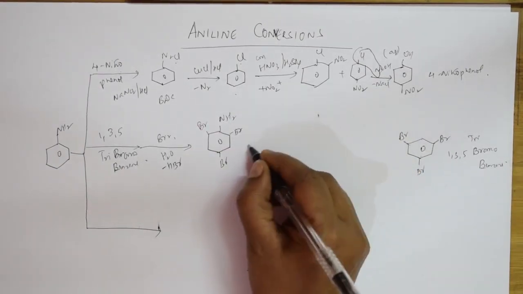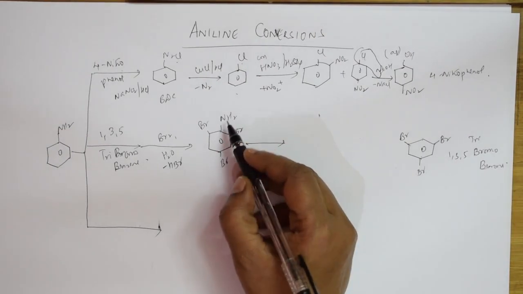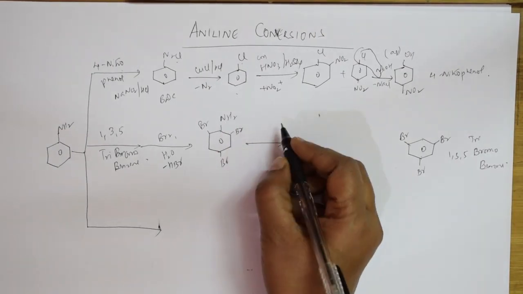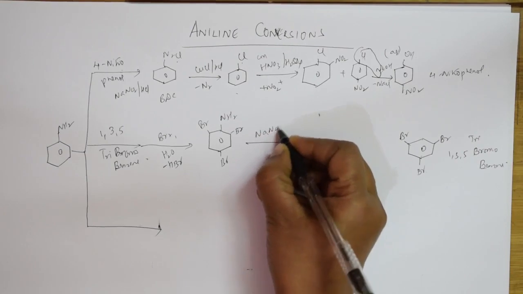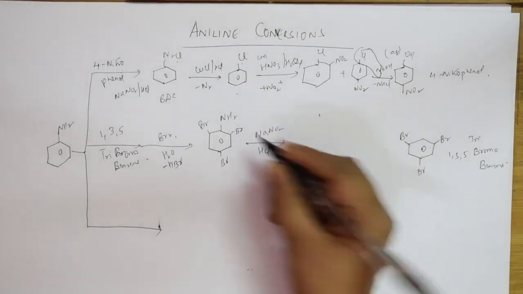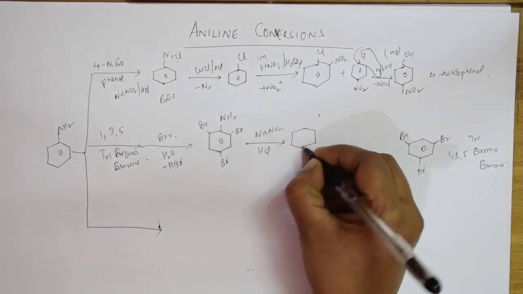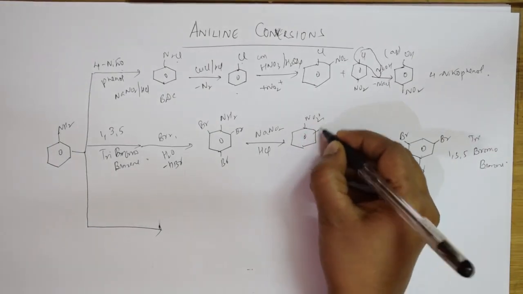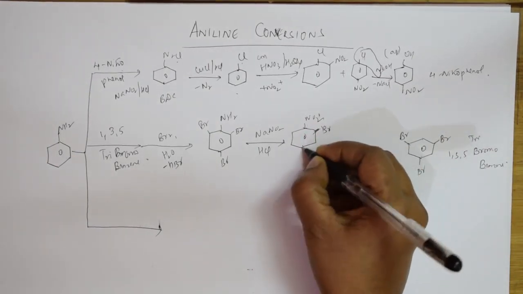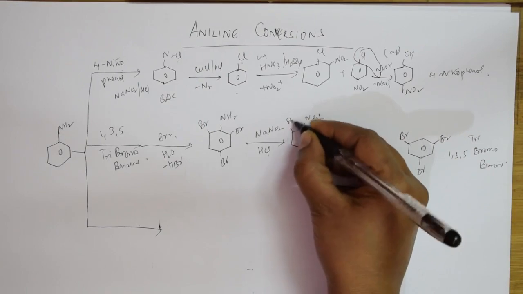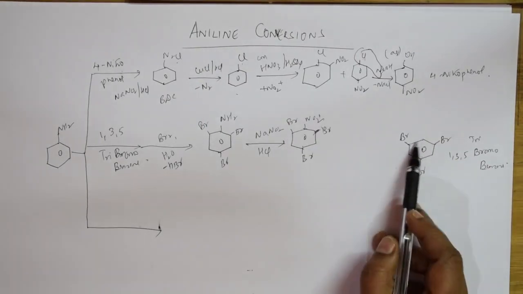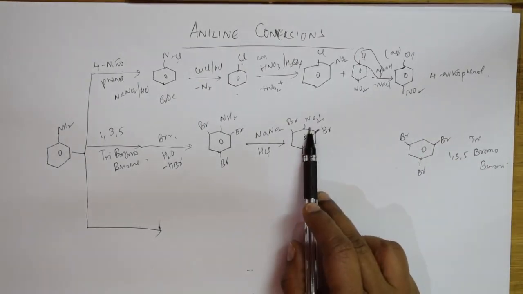Now I said to convert the amine to the diazonium group always. So what can I do? I can use NaNO2/HCl, so this amine immediately converts into the diazonium salt. Bromine is at the first position, the third position, the fifth position. Still it is not complete. Now I still have the N2+ group.